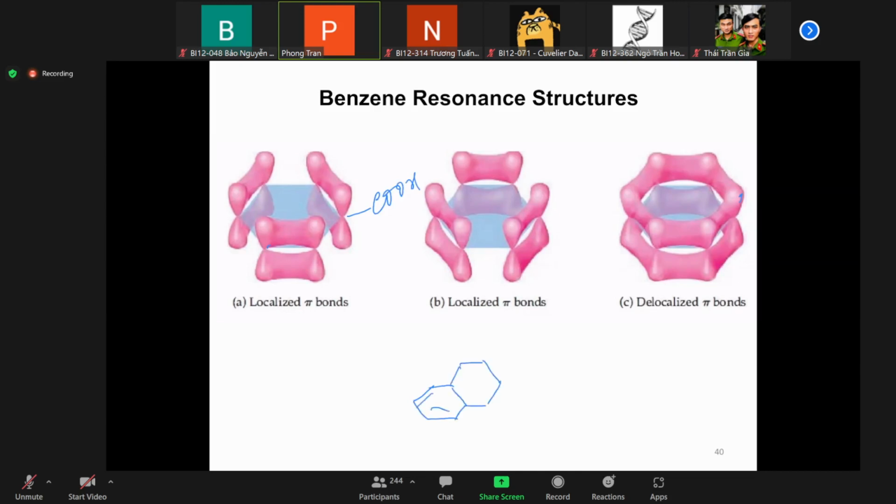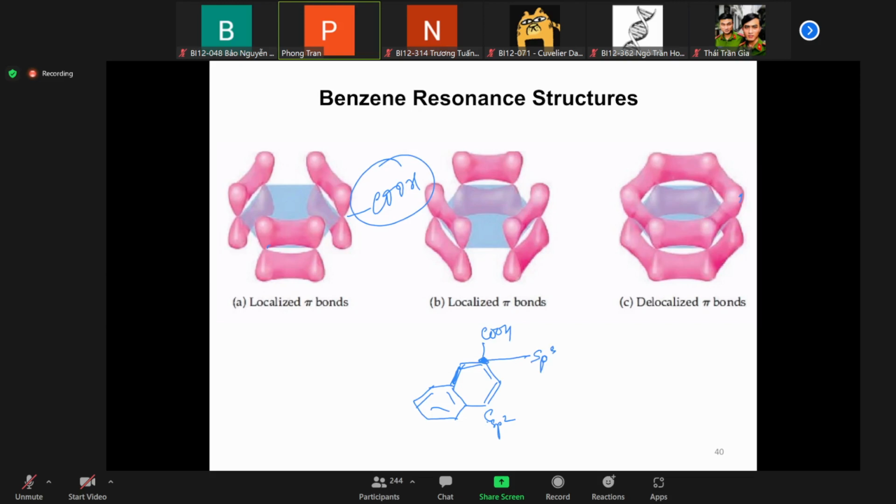But the problem is that when you have a carbon like this, one carbon sp2, okay? But when you want to create COOH, that means you introduce one COOH here, this carbon becomes sp3.